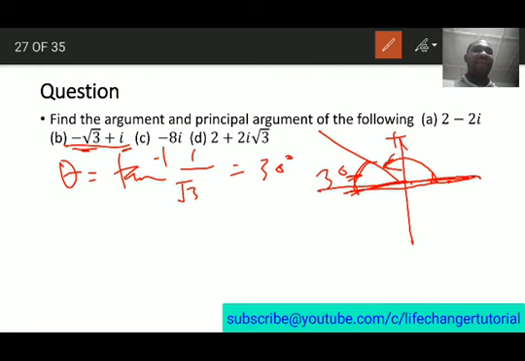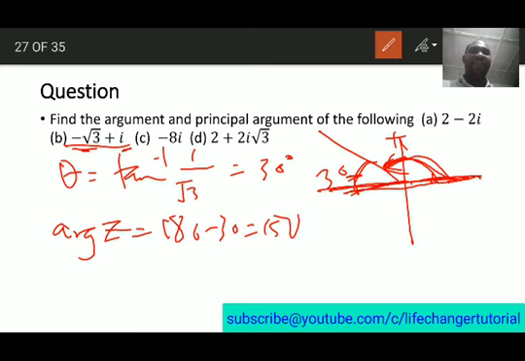If I want to find from the positive x-axis to here, the angle on a straight line is 180. It means that Arg z, the argument of z, is equal to 180 minus 30, which is equal to 150. Remember, the argument is from the positive x-axis to the complex number. So your theta is 30 degrees, which we have to subtract from 180 to get the argument.